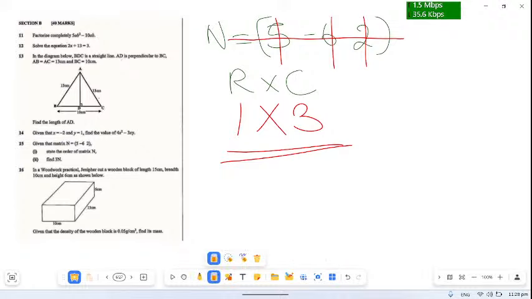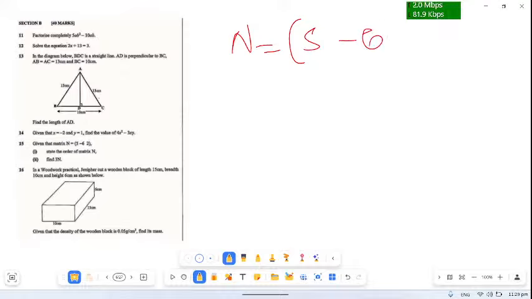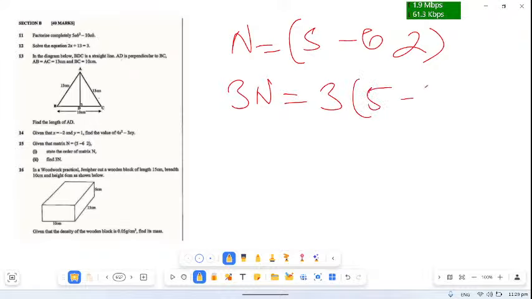Okay, we come to question 15.2, which is find 3n. Remember, let me rewrite the matrix. The matrix n is equal to open bracket 5, negative 6, 2, close bracket. So 3n is equal to 3, then we replace n by the actual matrix, which is 5, negative 6, 2.